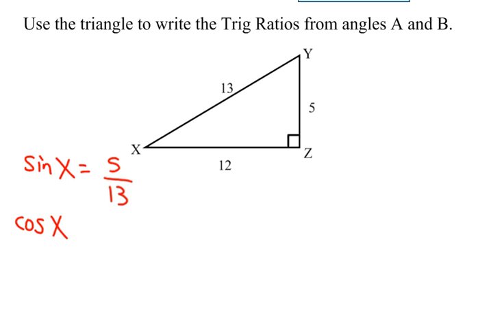Cosine of angle X equals adjacent 12 over hypotenuse 13. Tangent of angle X equals opposite 5 over adjacent 12.